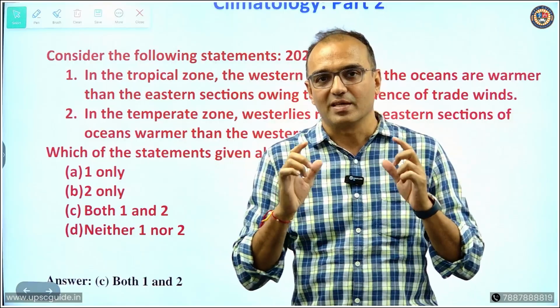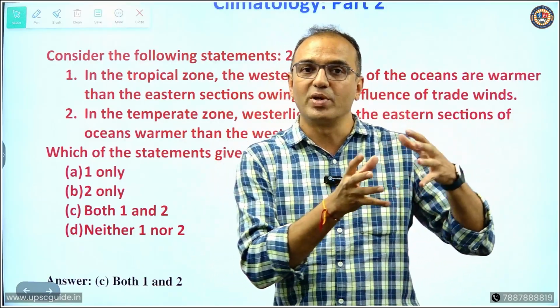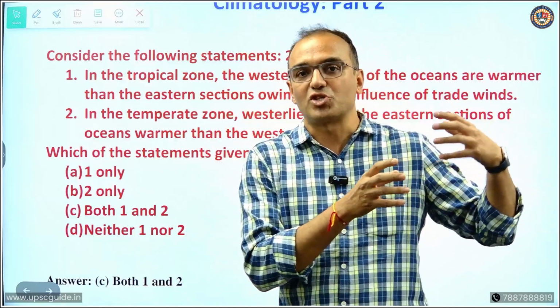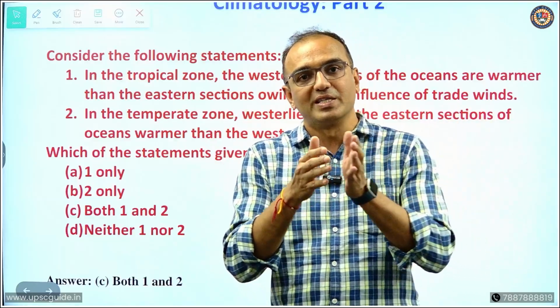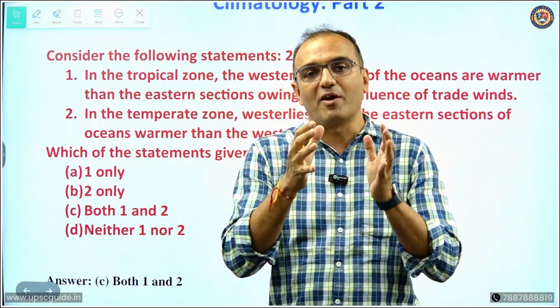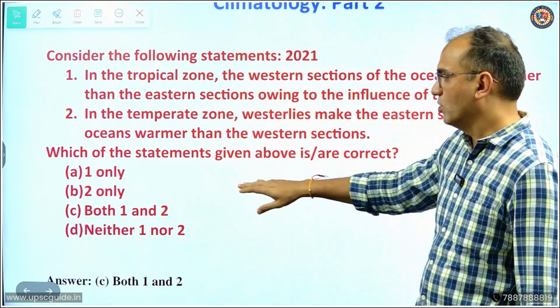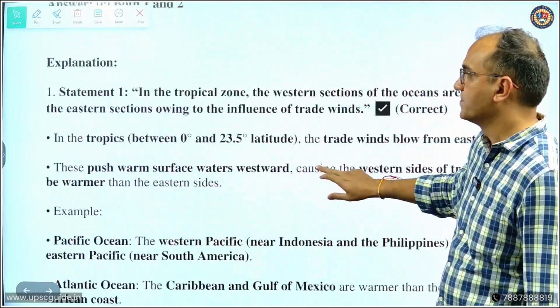Now in this context, you will have warm water from the surface being accumulated in the western section of the tropical ocean. In the eastern section, beyond the tropics, you will have warm water accumulating because of the action of westerlies. So both statements 1 and 2 are correct.